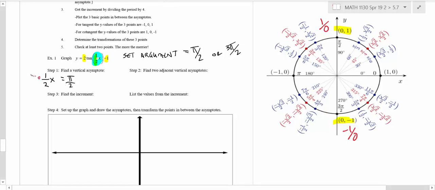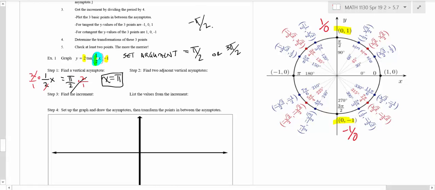So you can multiply both sides by 2. So you would actually get x equals pi is where the first asymptote is. And then we're going to set it equal to 3 pi over 2 and get the next one. You could also set it equal to negative pi over 2.